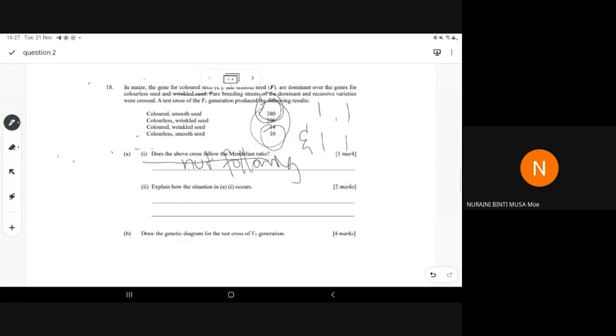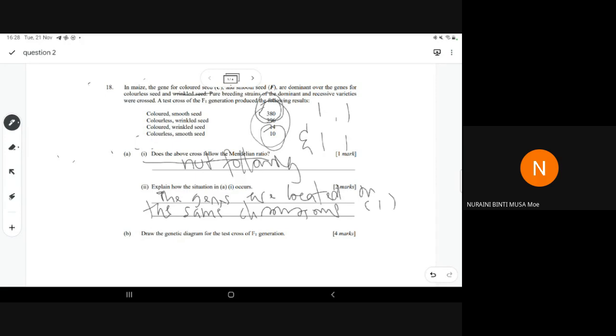Okay, so jawapannya ialah satu markah, awak akan dapat satu markah from just saying that the genes are located on the same chromosome. Ini satu markah.